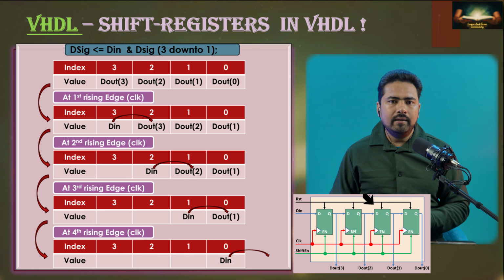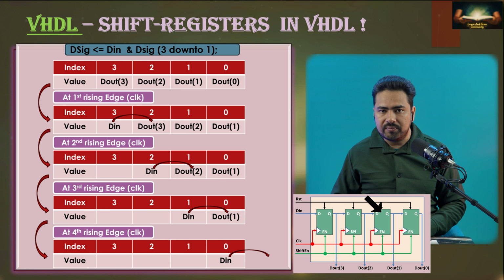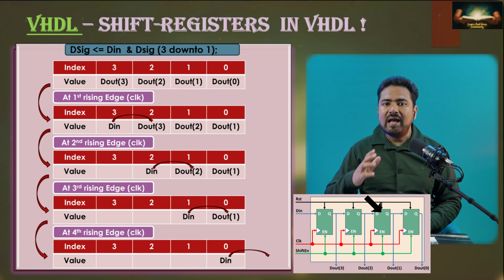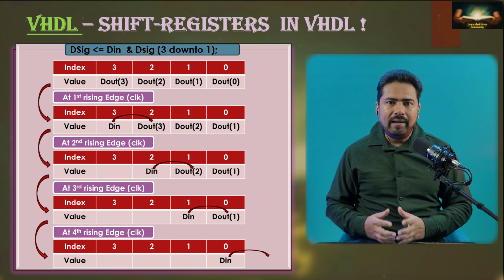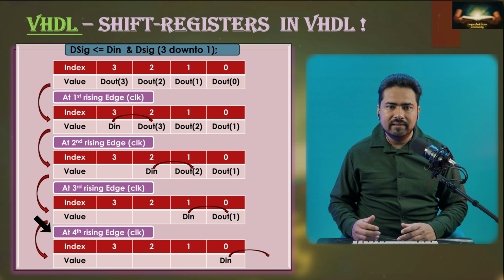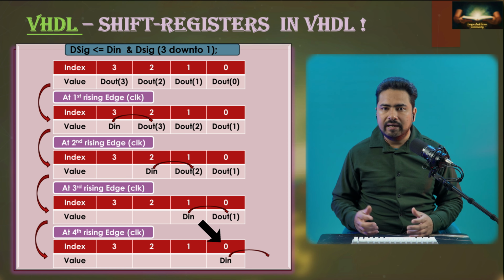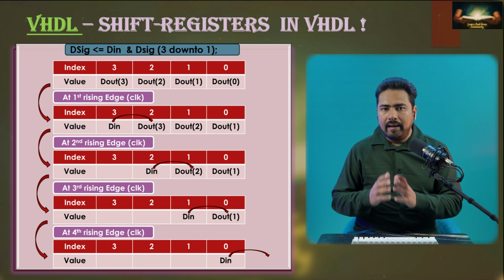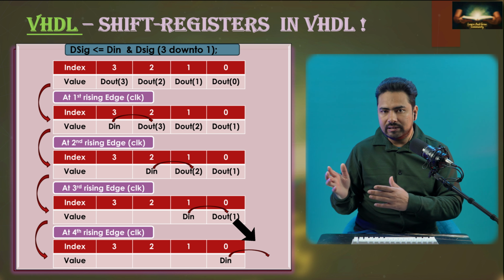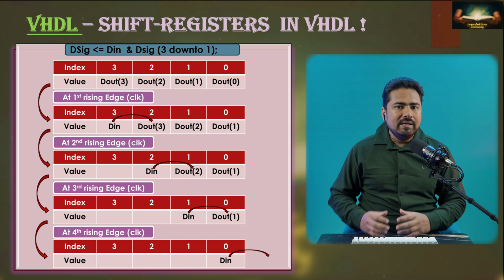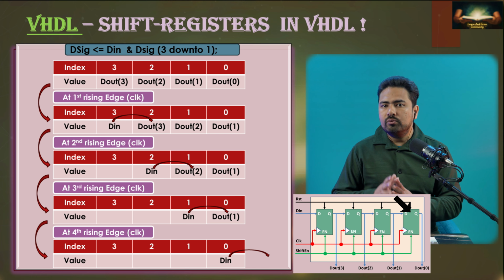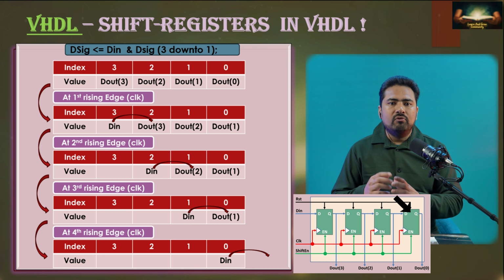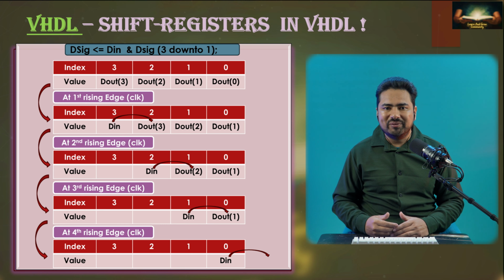Means D in is moving through the third flip-flop now, which was labeled as FF3. Now finally at the fourth rising edge of the clock signal, D in shifted once again and now it is at the D out 0 position, and the rest of the bits are shifted once again to the right. Means D in is moving through the fourth flip-flop now, which was labeled as FF4.